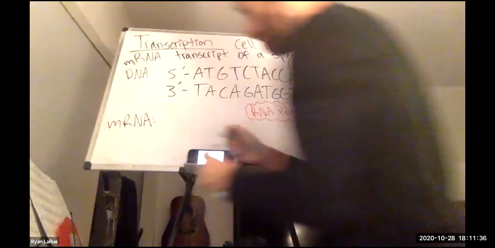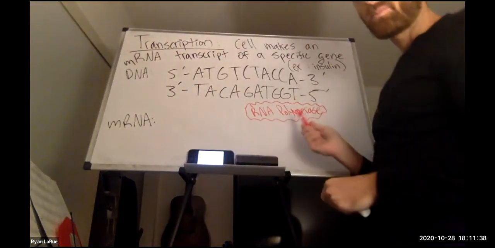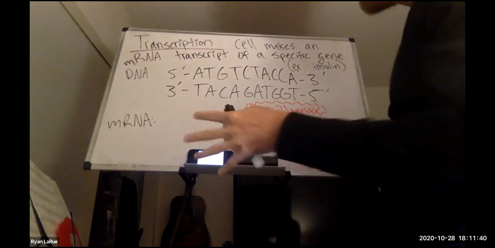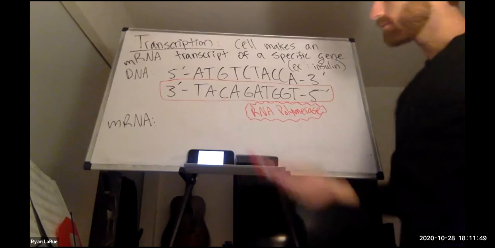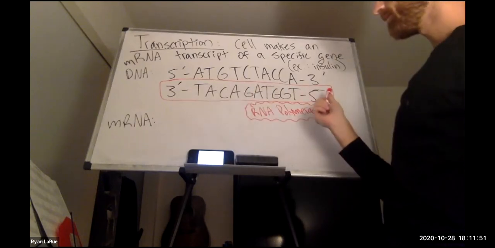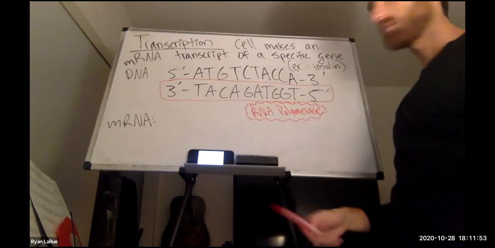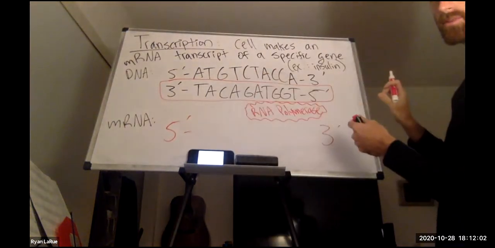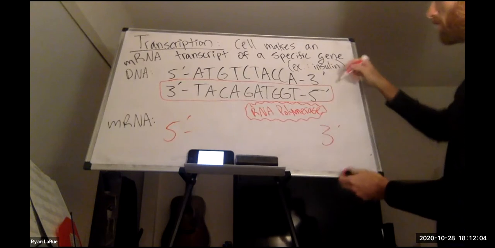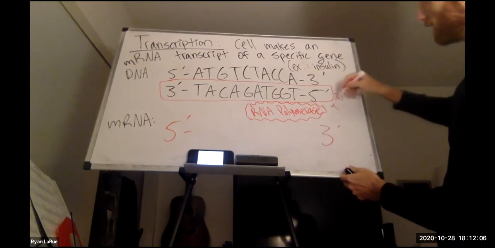But what I was saying is that these polymerase enzymes read DNA from 3' to 5'. That's just how they work. They read 3' to 5', and they synthesize 5' to 3'. So we call the 3' to 5' strand on the DNA the template strand.